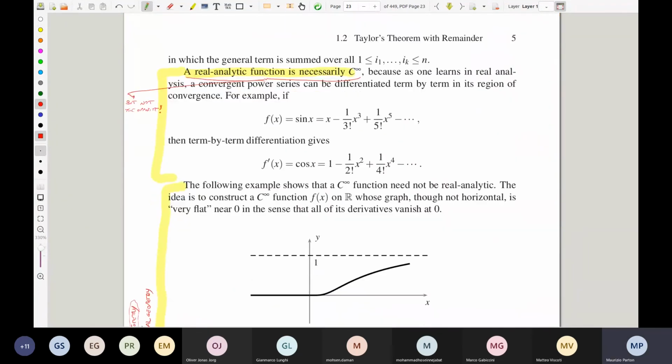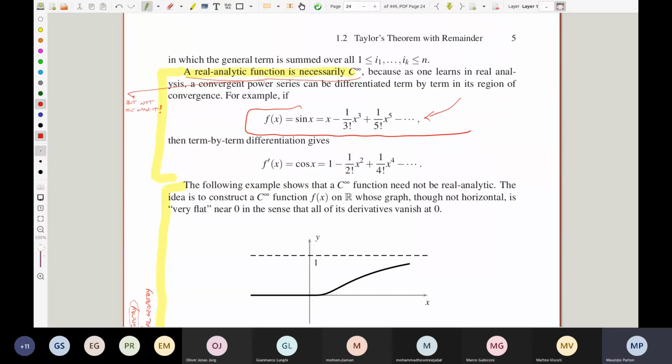Well, maybe you know what a real analytic function is. A real analytic function means that when you take the Taylor polynomial, the Taylor series, this is converging. The pointwise limit is giving you the same value as the function, and for several functions this happens within a certain radius, called the convergence radius, I think.